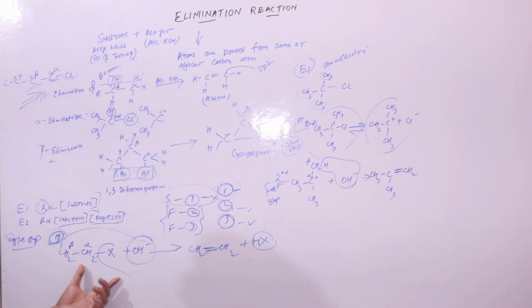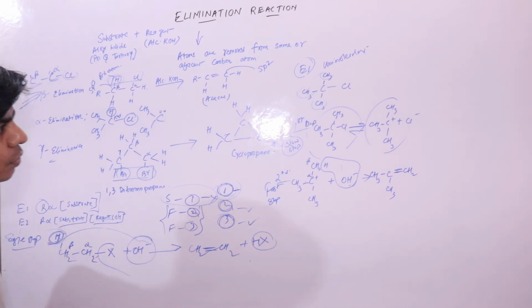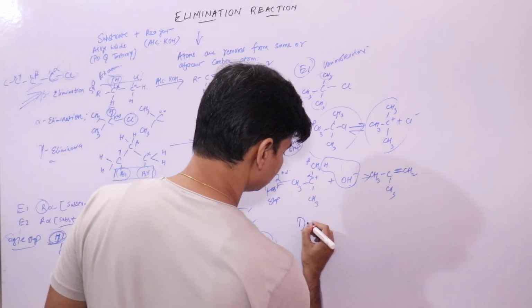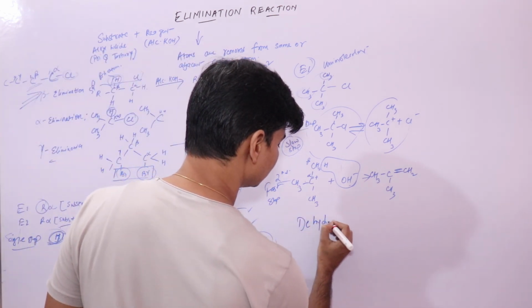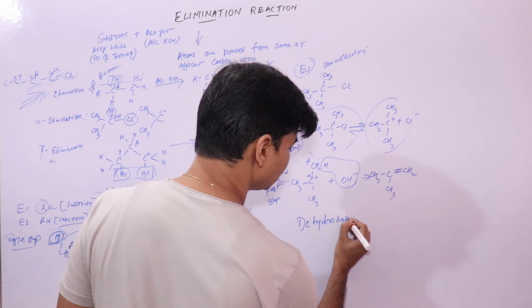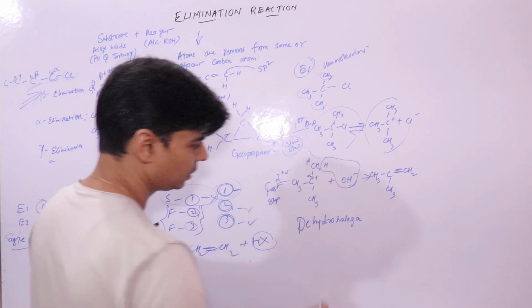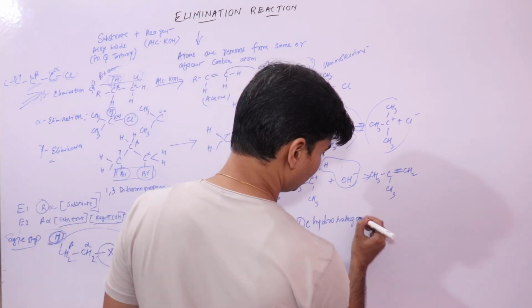These types of reactions where halogen and hydrogen are removed, here also and here also, we call dehydrohalogenation. These are important reactions. We'll do this in haloalkanes and haloarenes as well.